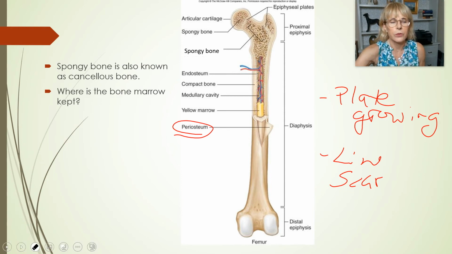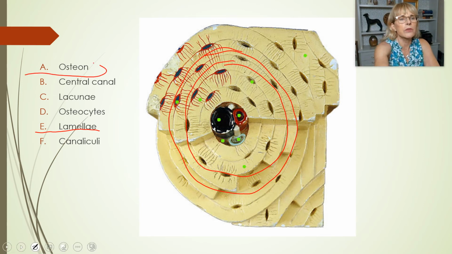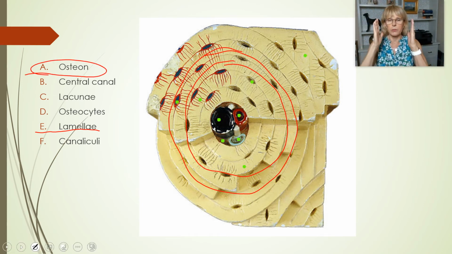So running the length are these little columns, microscopically small, super tiny. And this is one of them. Each one of these columns that makes up the structure of your compact bone is called an osteon.